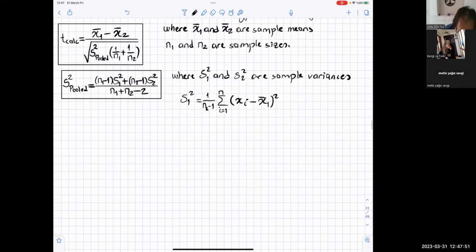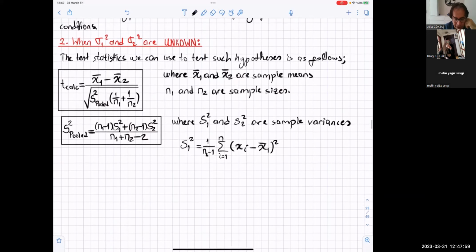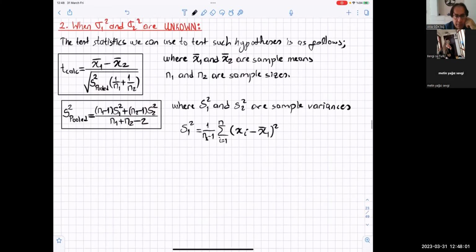It's easy to calculate the test statistic. Once you calculate it, you need to compare the calculated t value with the critical value from the t distribution table.